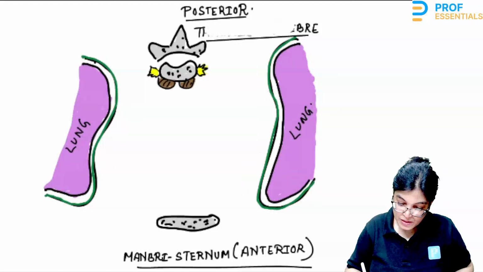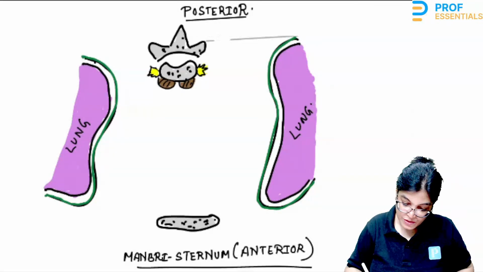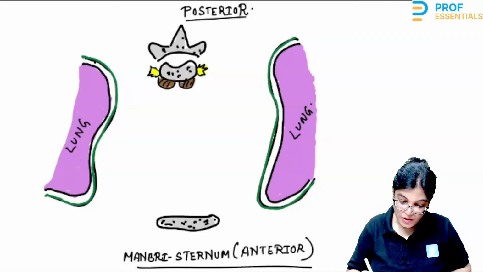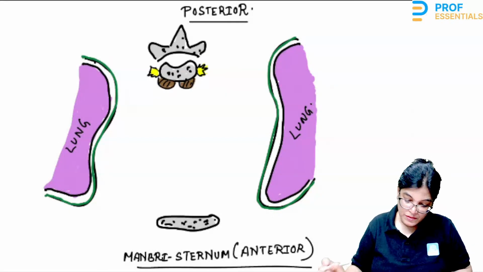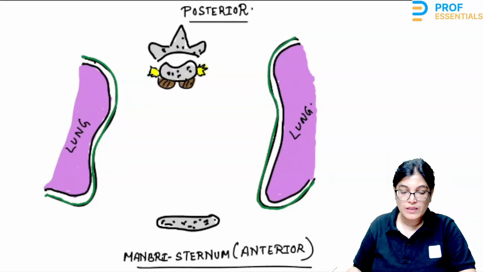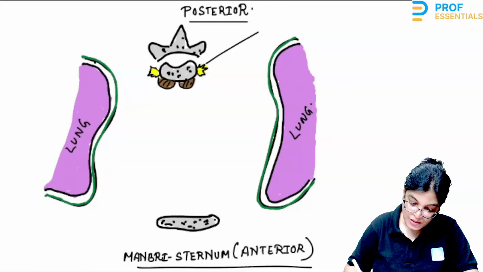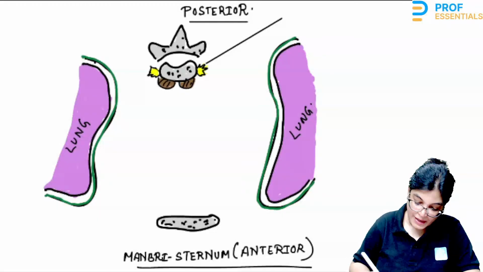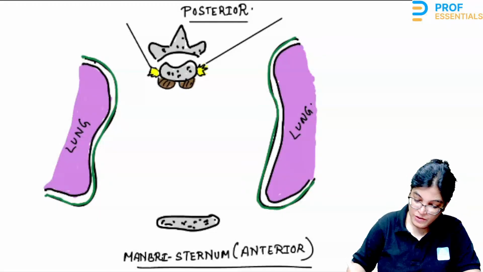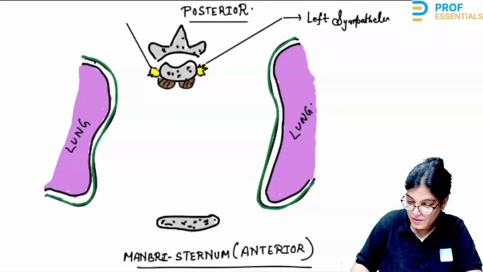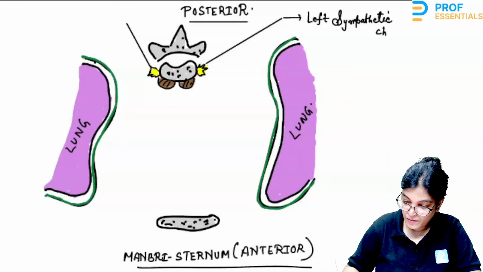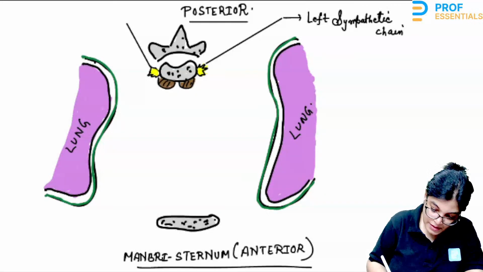Posterior is already known, so I'm just removing the thoracic vertebra, which is already known to you. Now, what is this structure? This is right and this is left. I'm using this as the left-hand side. So this is the left sympathetic chain, and this is the right sympathetic chain.